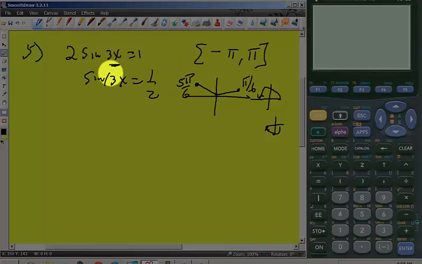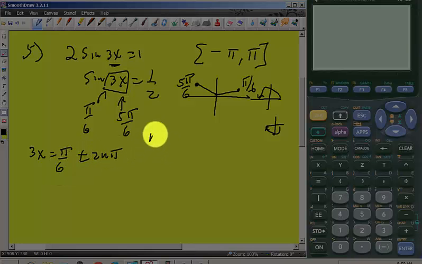So this box right here can either be pi over 6, or that box can be 5 pi over 6. So I write this out as 3x is equal to pi over 6 plus or minus 2n pi. My n is equal to 0, 1, 2, dot, dot, dot. And I write 3x is equal to 5 pi over 6 plus or minus 2n pi.